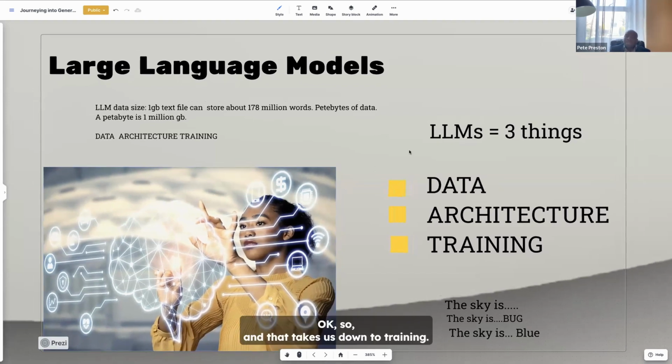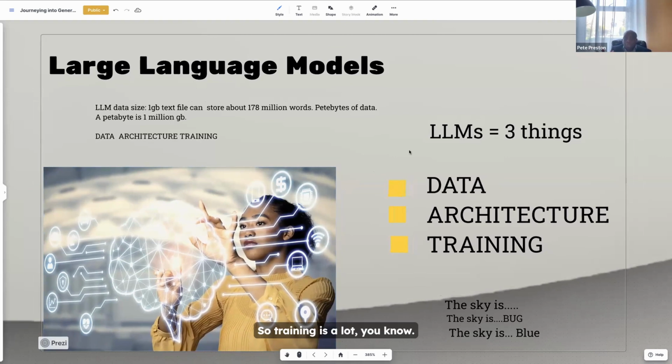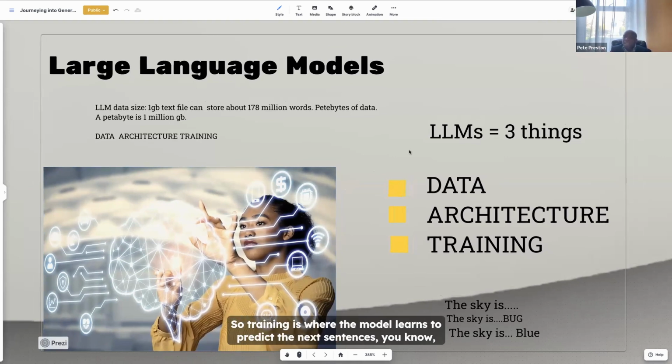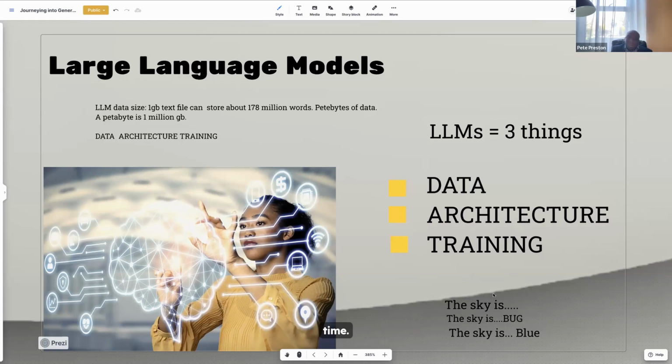Okay, and that takes us down to training. Training is where the model learns to predict the next sentences. For instance, if you look at your mobile phone, it would try to predict the word, but it would only do this one word at a time.